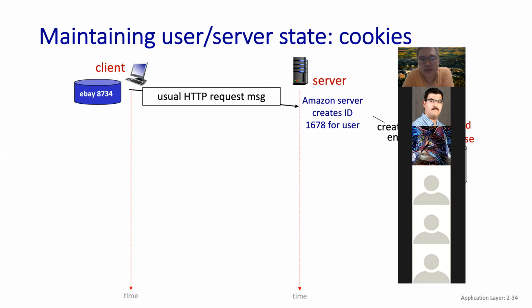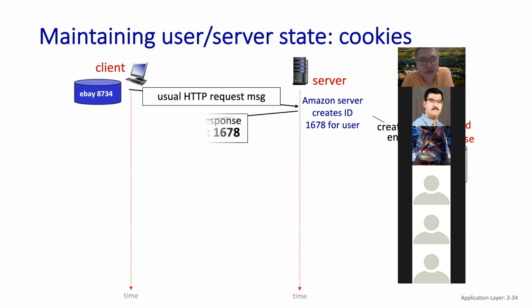The Amazon server creates ID 1678 for this user, for example Susan, who uses her laptop, and puts this unique ID into a backend database. That means Amazon has to have a very large database to recognize a lot of users.